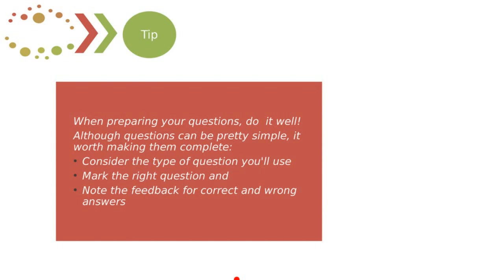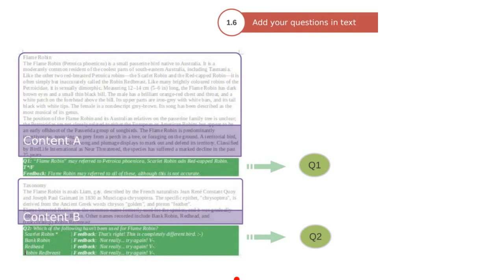You can see it here. My first question is a true-false question. I have an asterisk, a star, in the true because it's the correct answer. And also I'm providing the feedback.